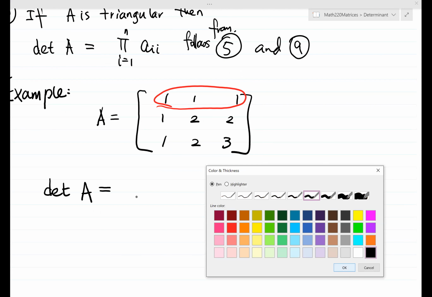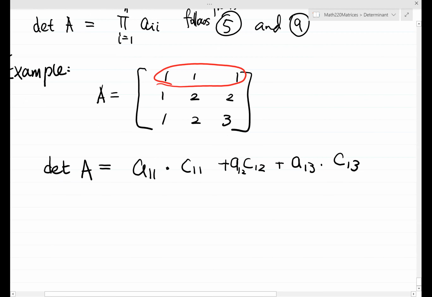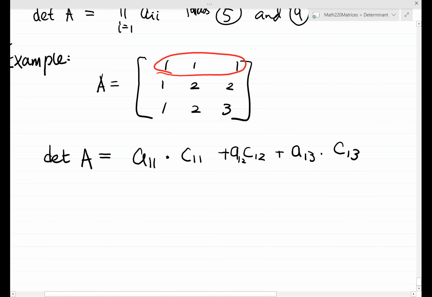So this will be A11 times C11 plus A12 times C12 plus A13 times C13. A11, A12, A13 are just 1, so it's 1 times C11 plus 1 times C12 plus 1 times C13.